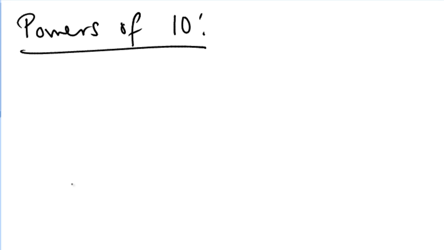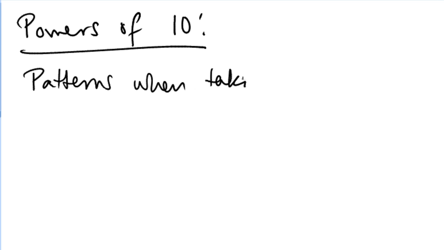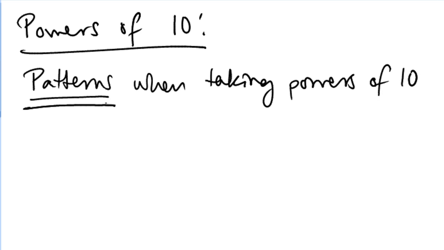And so because our number system is based on powers of 10, it means that powers of 10 are going to have a special pattern when we write them out. So let's take a look at some examples. What are the patterns? Notice in this class we're going to stress patterns a lot.